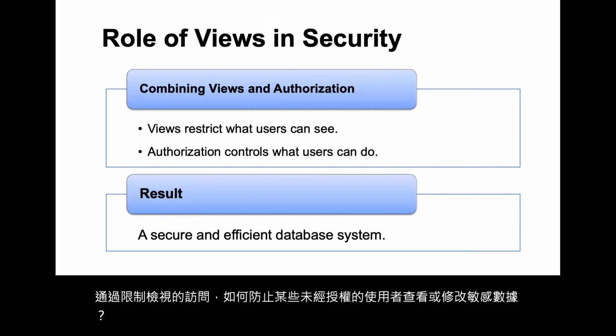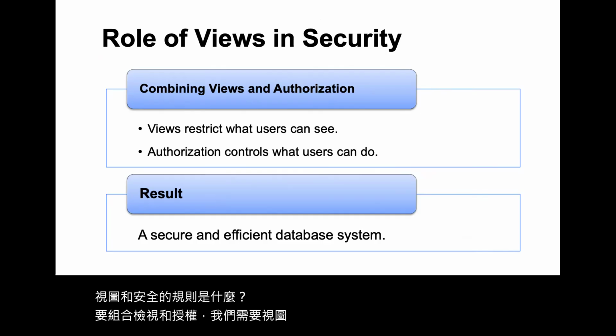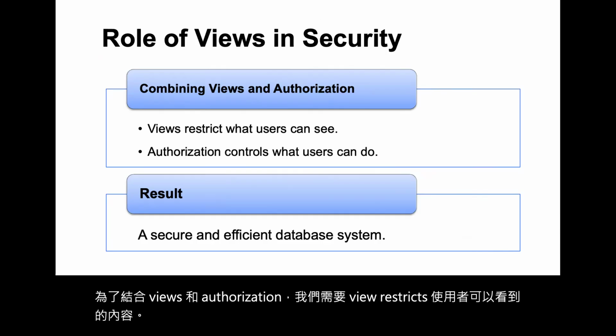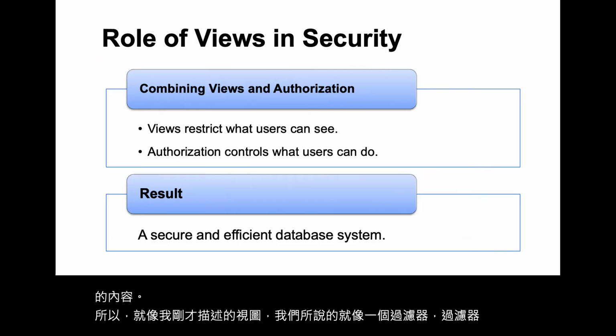And what are the roles of the views and security? To combine views and authorizations, we need view restricts what users can see. So views, like I just described previously, is like a filter that shows only relevant information for the users to see.